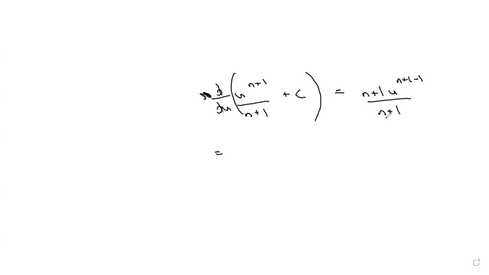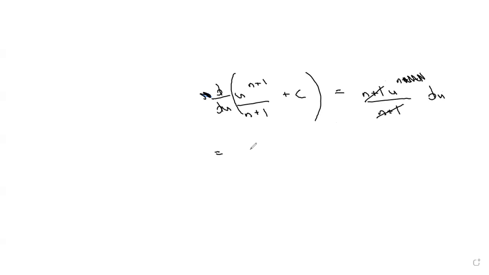In this case, some stuff cancels out. The n plus 1 cancels out on the top and the bottom. That's good. For the exponent, you have n plus 1 minus 1, so the plus 1 and the minus 1 cancel out. Oh, I should put du right here. You've got to have your little dx's and your du's, basically for formatting, but also for practical purposes.